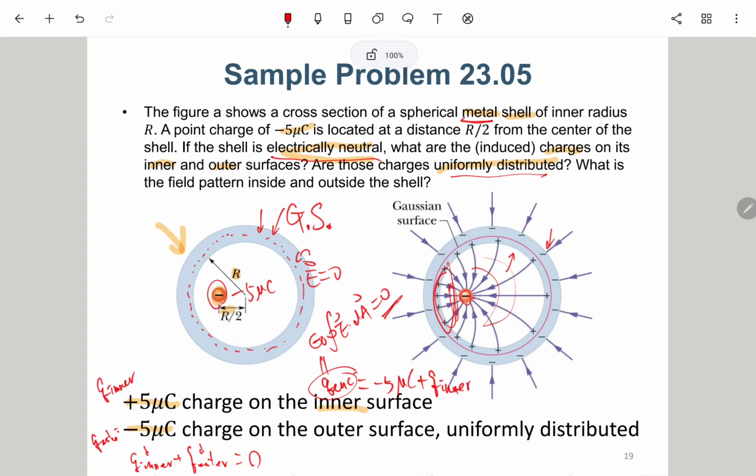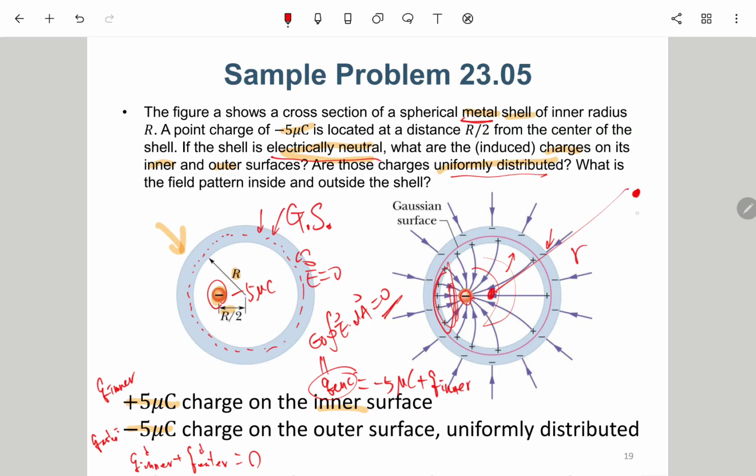However, for the outside part, all the negative charge is distributed uniformly, so if we just observe the E field outside this sphere, it turns out to be like all the charge is concentrated at the center. So the E field can be calculated from the center.